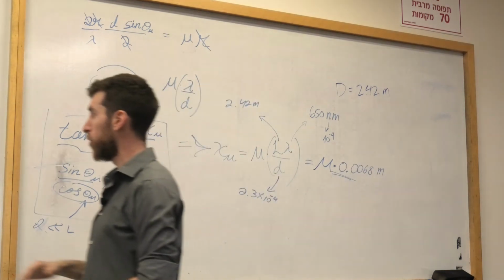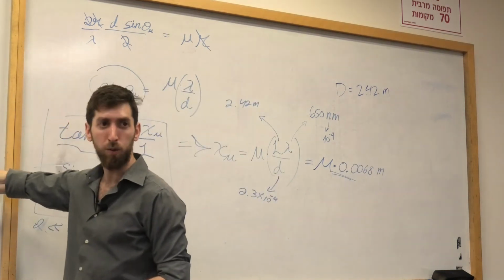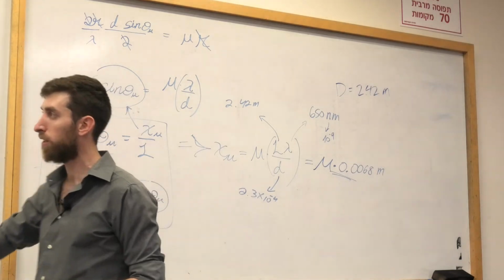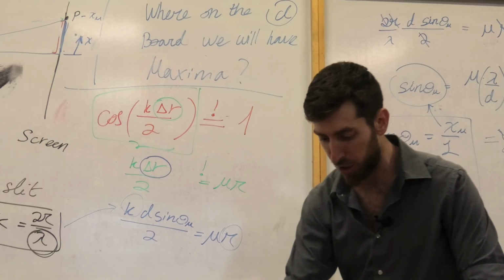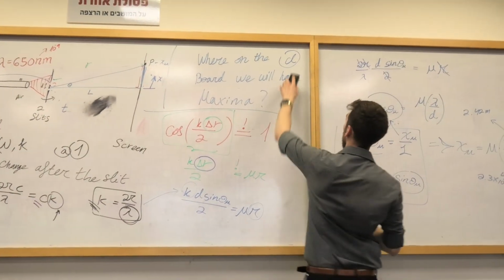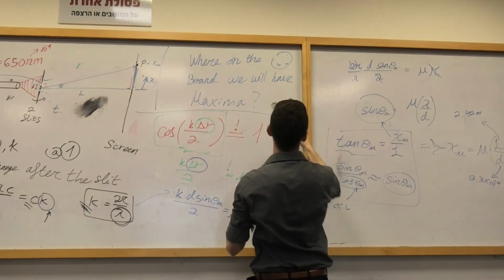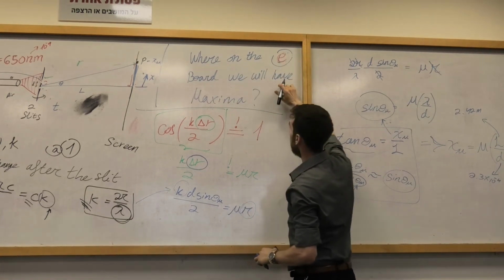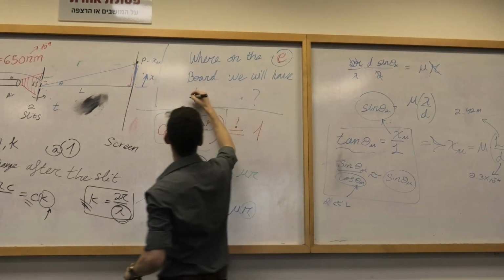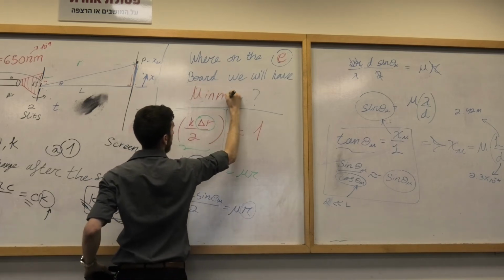Let's find them. So we're going back to here, right? Right now, what do we want to ask? Now, if we are in section not D, but E, so this is going to be A, B, C, D, E. So right now we want to know the minima, right?